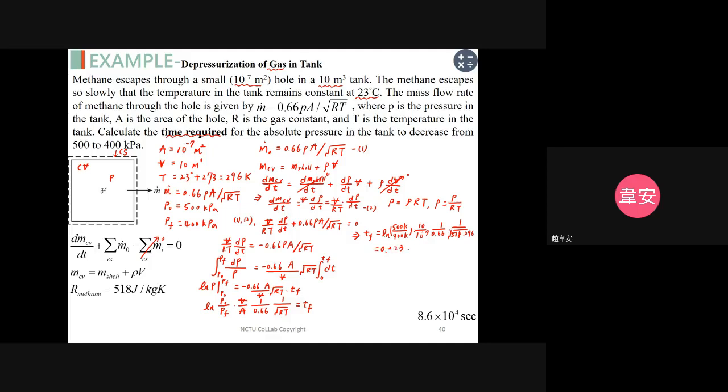And this item is equal to 10 to the 8 power, divided by 0.66 over 1, and divided by the root of 518 multiplied by 296, the absolute temperature. So this is equal to 391.6 over 1.